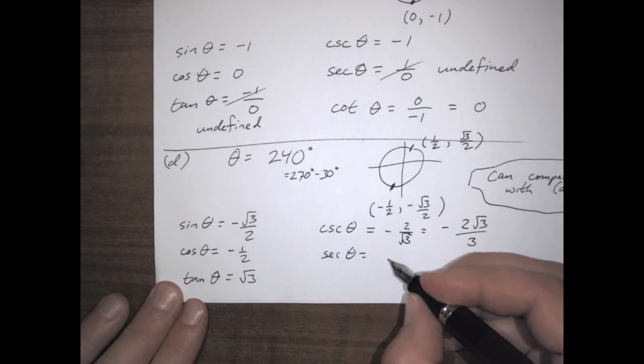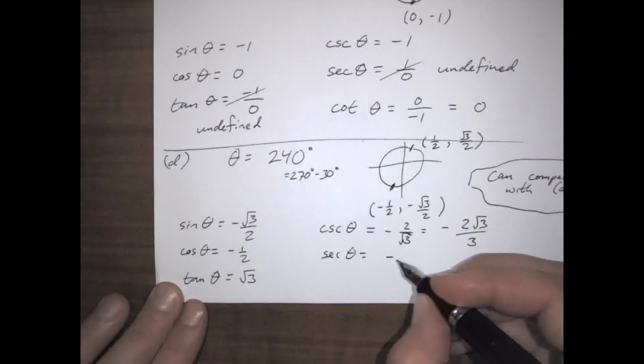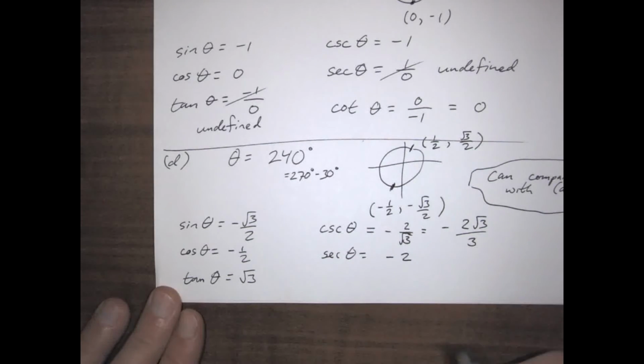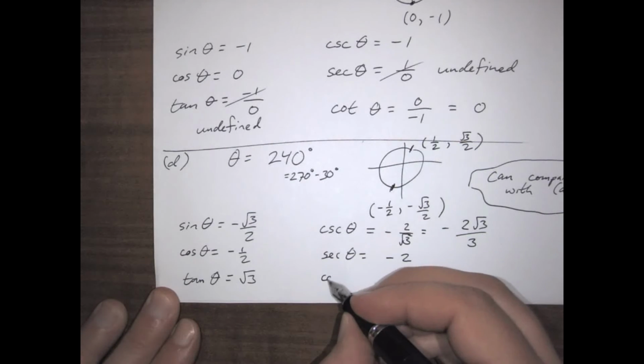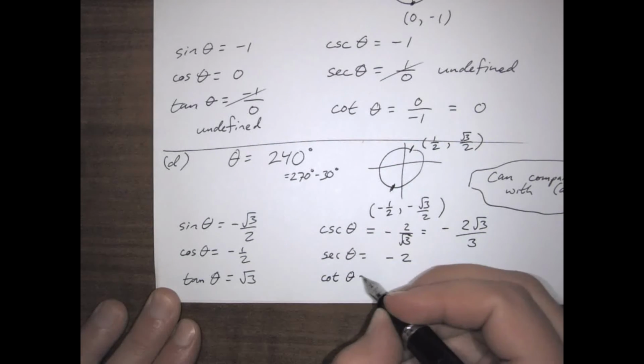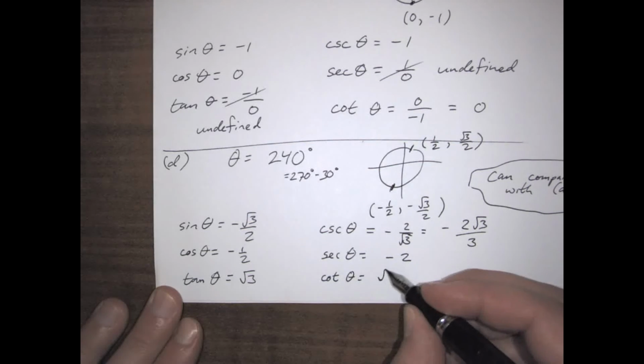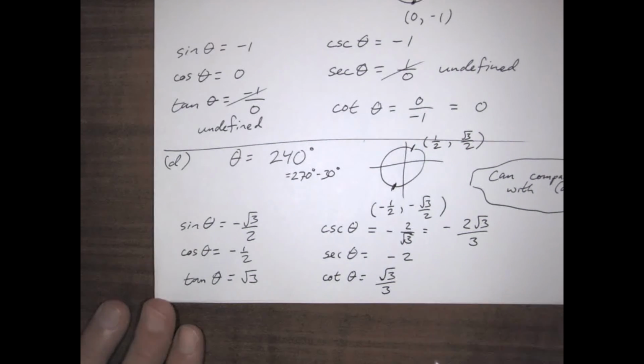And here again we had 1/2 before, now it's negative 1/2, so secant was 2, now it'll be negative 2. And cotangent theta is equal to, again, root 3 over 3. The values are all going to be the same except pairs of negatives on the top and bottom that'll cancel each other out.